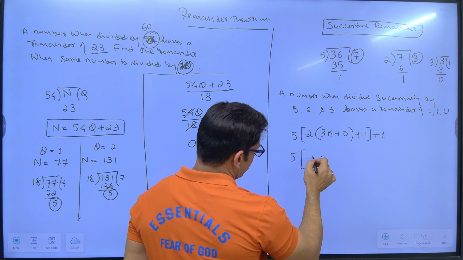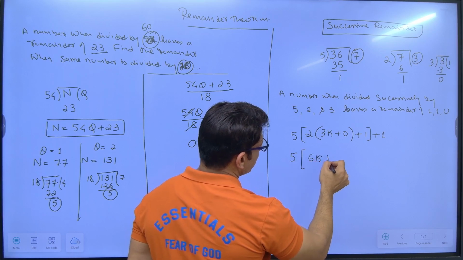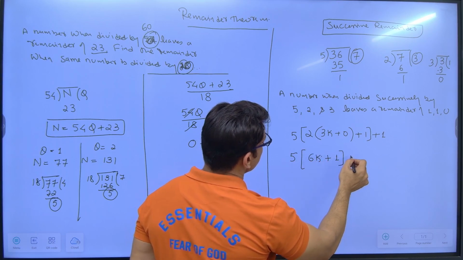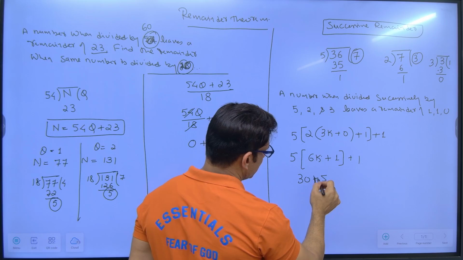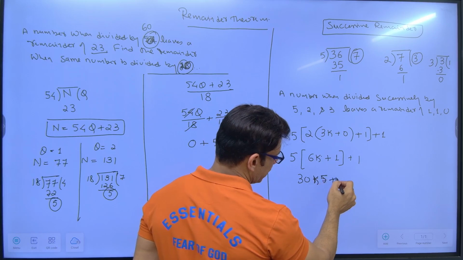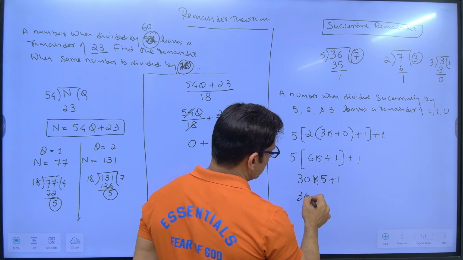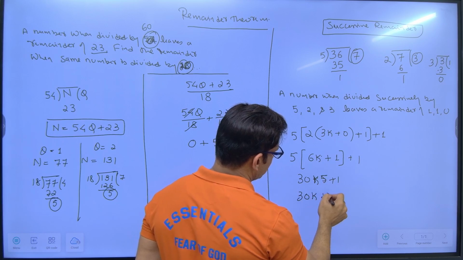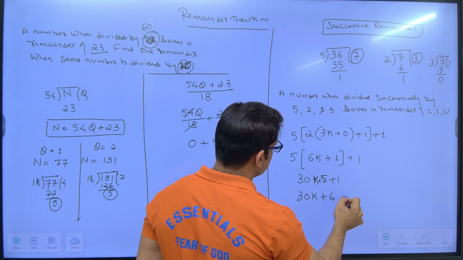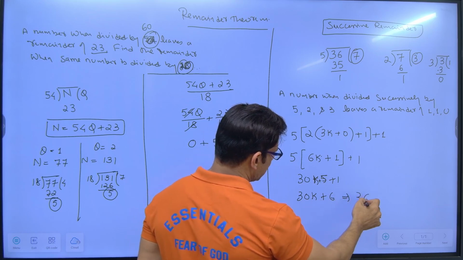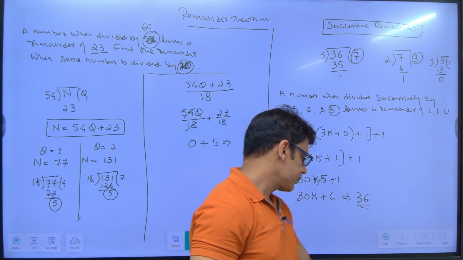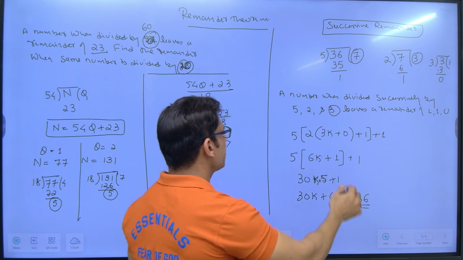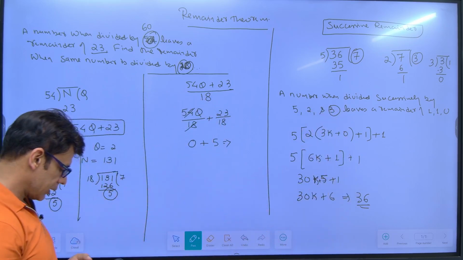So 5, 2 threes are 6k plus 0 plus 1. 5 sixes are 30, 30k plus 5 plus 1. It is 30k plus 6. Put k equal to 1, so you'll get the number as 36. To start from inside, write it ulta. Start from here, 3, then 2, then k.